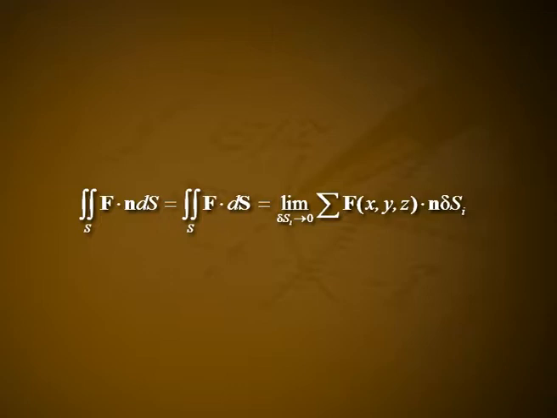We note that dS equals n dS, where dS is the elementary area of the surface S at the point P and n is the unit normal to the surface at that point. Hence, double integral over S f dot dS is also denoted by double integral over S f dot n dS. Hence, double integral over S f dot n dS is equal to double integral over S f dot dS, which is equal to the limit as delta Si tends to 0 of sigma f(x,y,z) dot n delta Si.